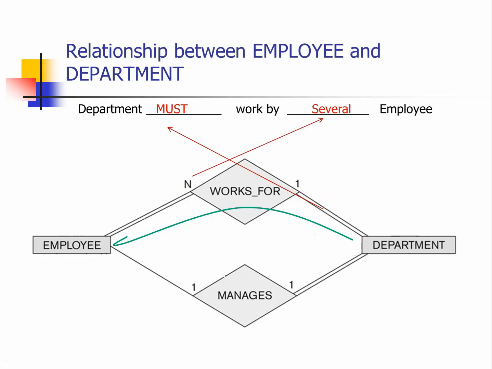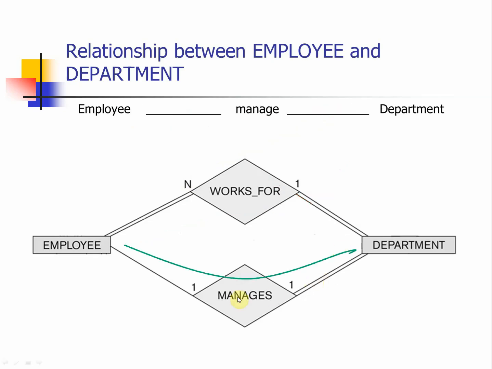So pretty straightforward. If we look into the other example, employee manages department. Since we have a single line over here that gives you a possibility of 0, which means that you don't participate over there, you have employee may manage, and since we have a 1 over here, that indicates one department.